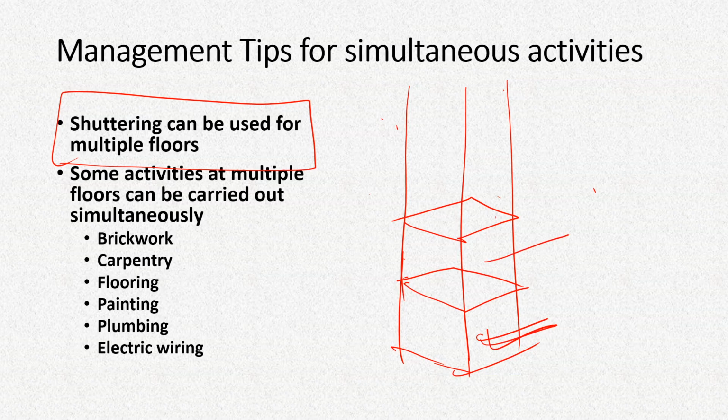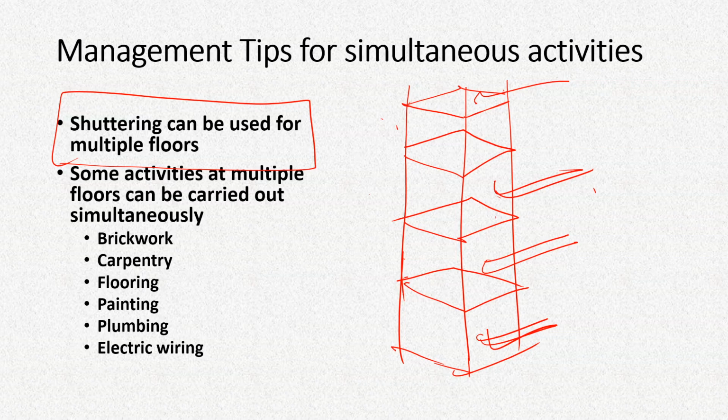On the upper floor we can go for, suppose, painting. On the floor above that we can start plastering, and on the floor above that we can start our brickwork. This can be managed if you plan properly.